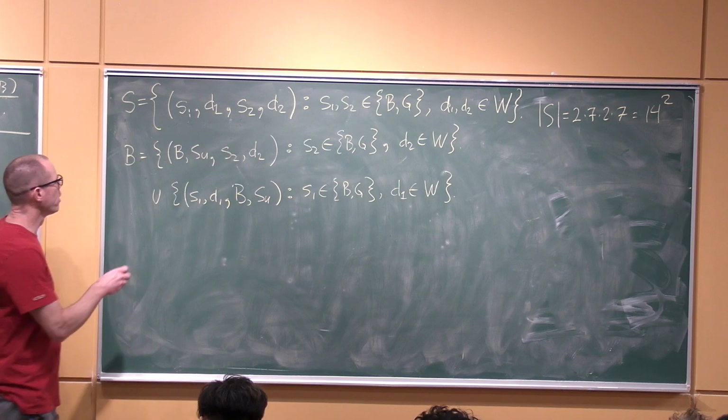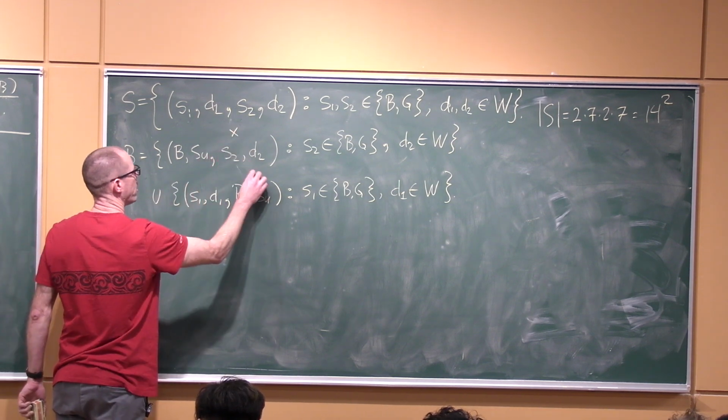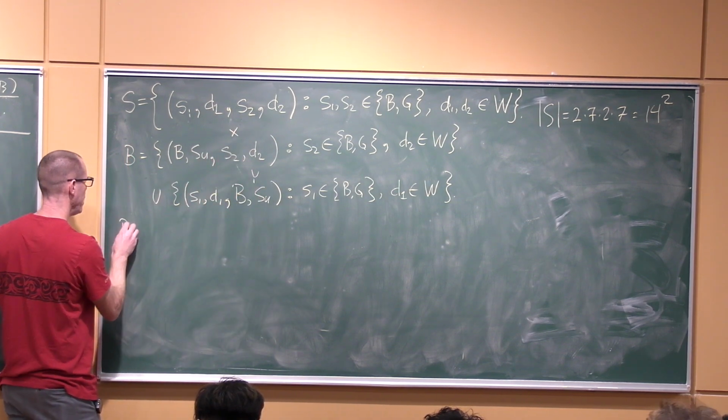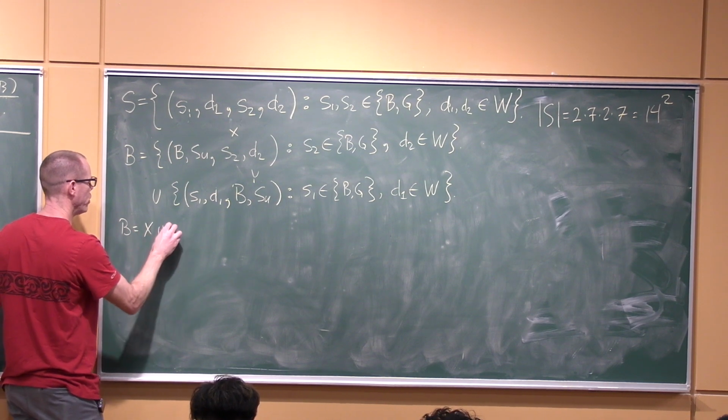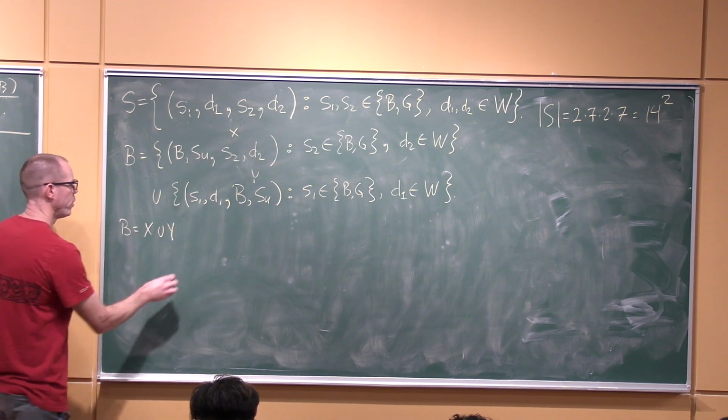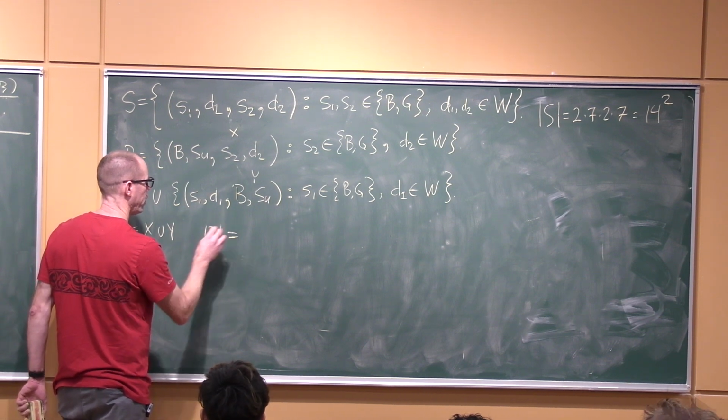Let's call this one X and this one Y. So B is X union Y, which means that the size of B is what?